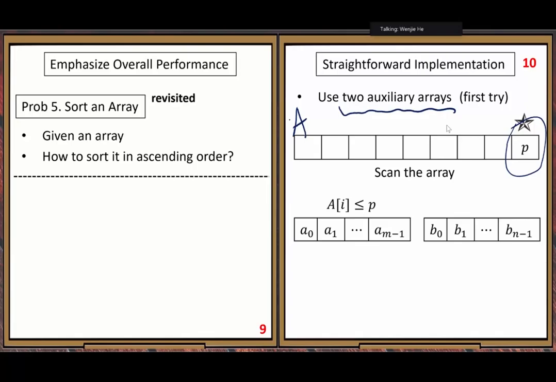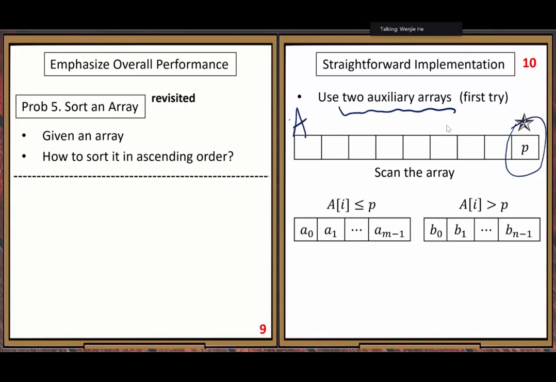So if A[i] is greater than P, we drop it in the B auxiliary subarray, one by one. Now you can see in this way, after we scan the whole array except P, we have both subarrays, A subarray and B subarray, satisfying the condition we need.